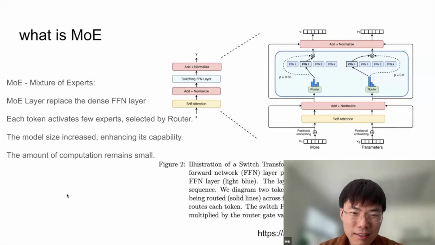Is that a good way to think about it? Yeah, that's a good metaphor. When the patient comes in, only one of the experts takes care of the patient. That's how you increase the capacity while the compute is the same. Each patient still takes the same amount of time to see the doctor.